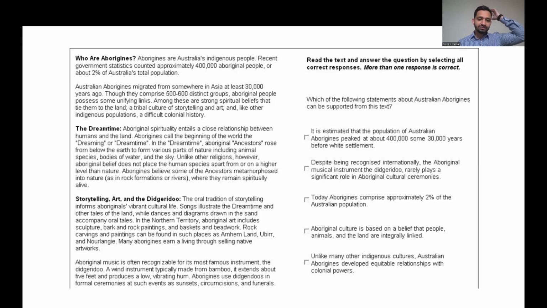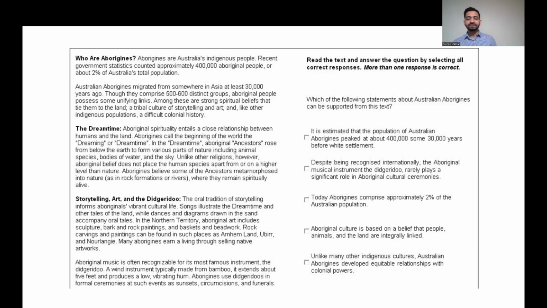Aborigines believe some of the ancestors metamorphosed into nature, as in rock formations or rivers, where they remain spiritually alive. So they have been formed into rocks or rivers, and that's what they believe.